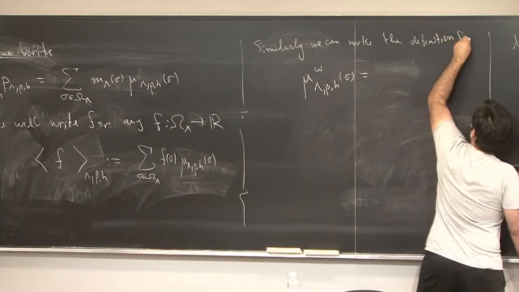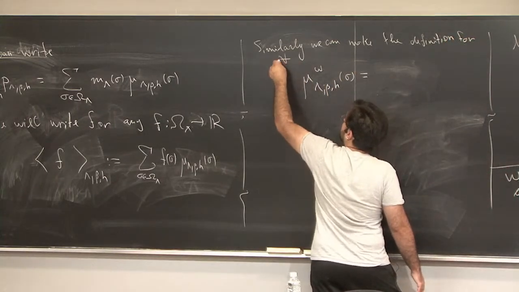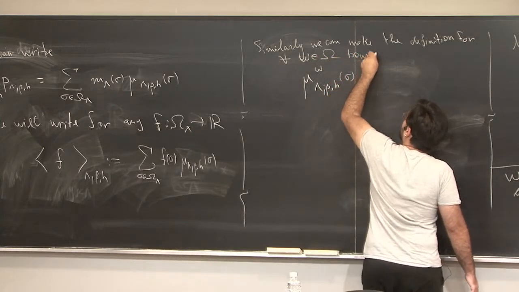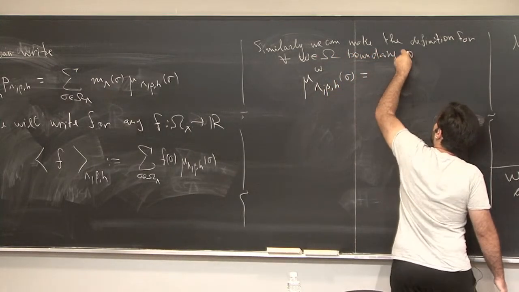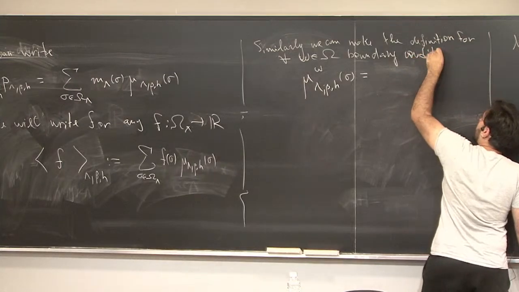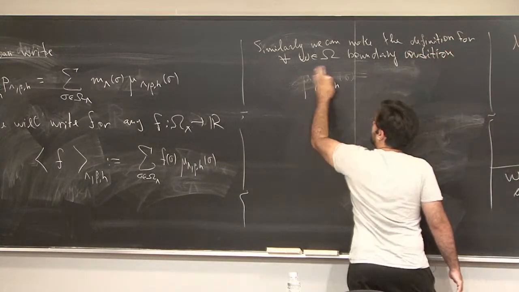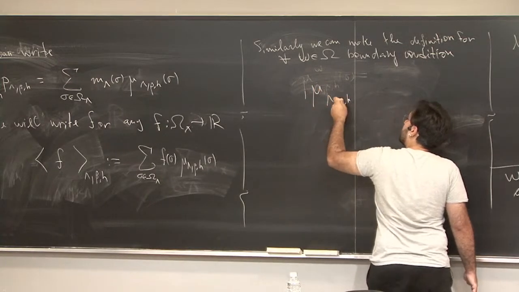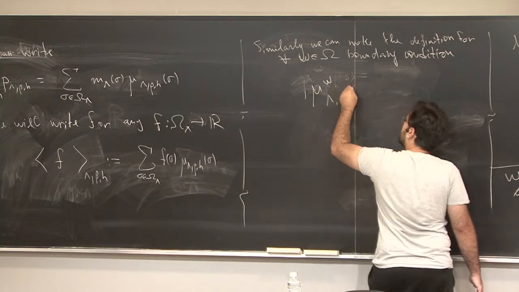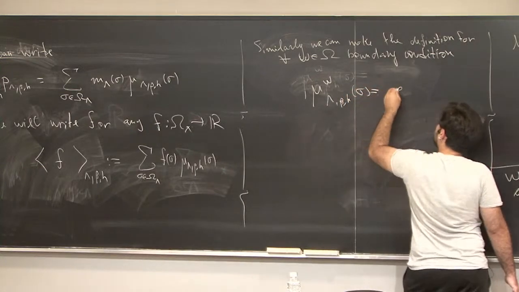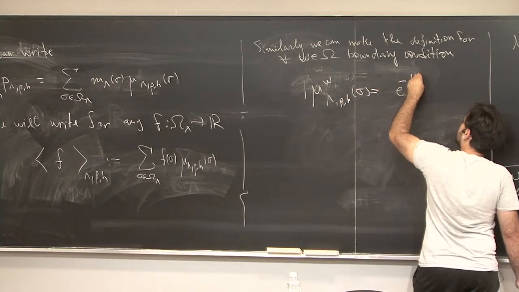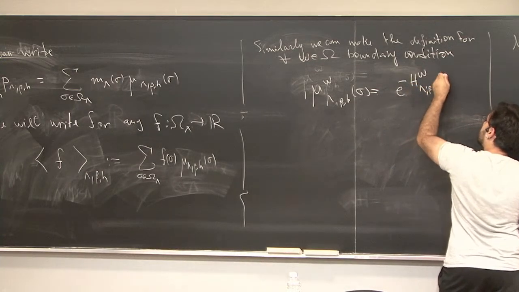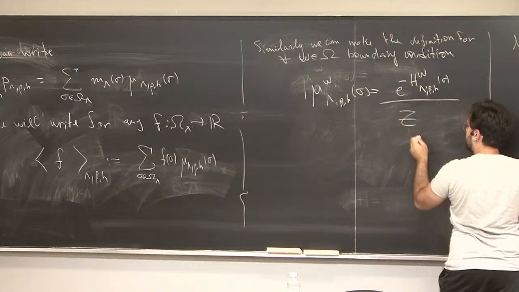For every boundary condition, I can define also a similar weight, beta h sigma, over the partition function.